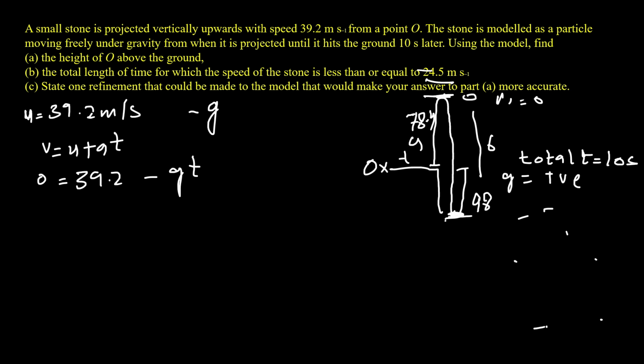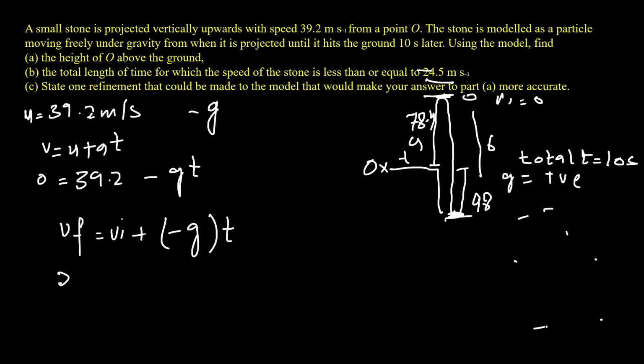So Vf is equal to Vi plus negative g times t. We will use negative g because it is opposing our motion. We need to know the time its speed remained above 24.5.